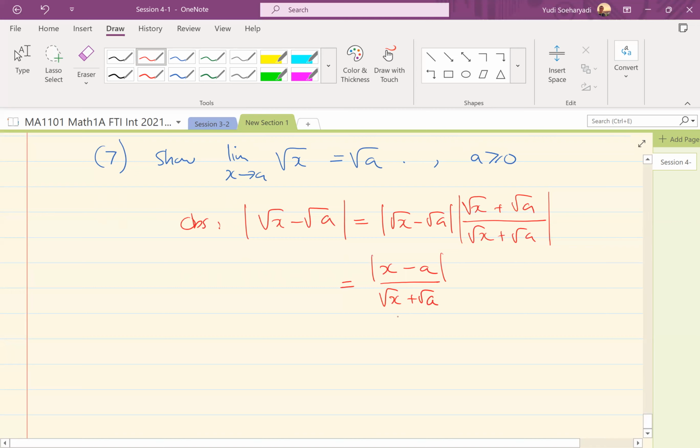Okay, so we need an upper bound for this. We need a lower bound for the denominator.